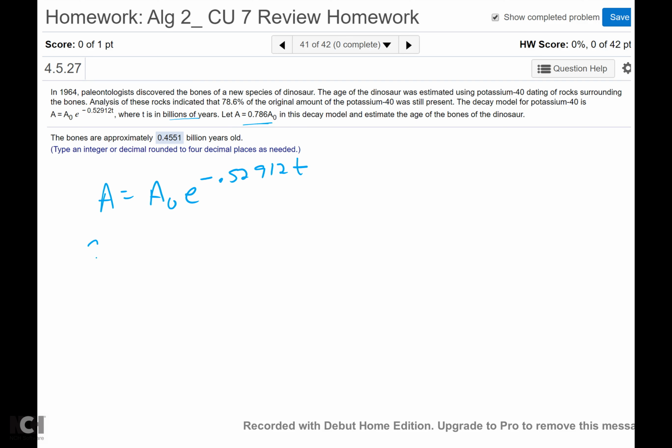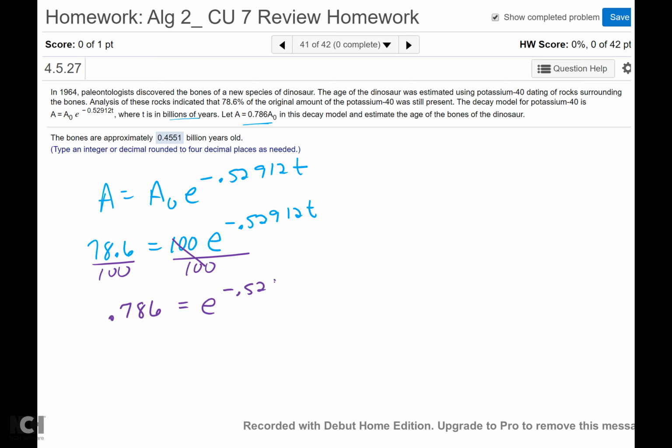Okay, they're saying that 78.6% is left out of 100%, obviously, e to the negative 0.52912t. Alright, so we are going to divide by 100, and I get 0.786 equals e to the negative 0.52912t.